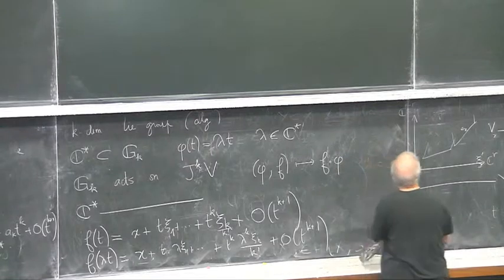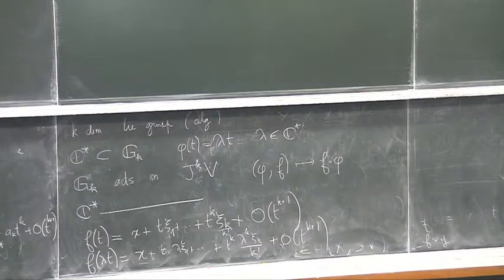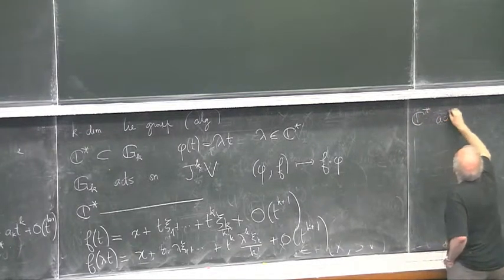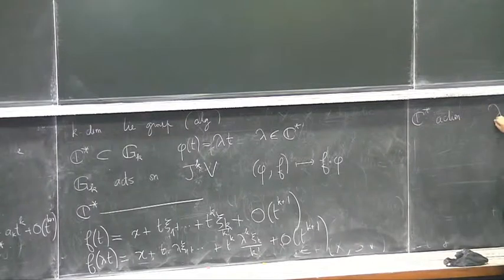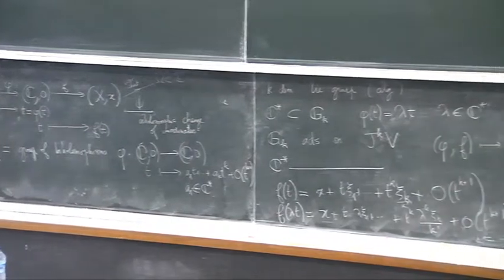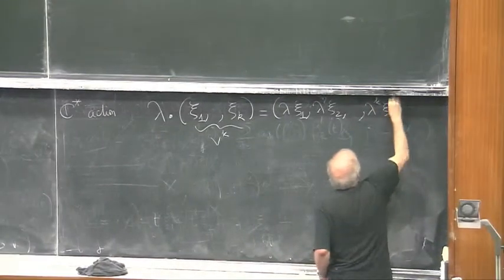So the C star action is just, in coordinates, the action of a lambda on an element which is trivialized locally by the connection as a k-tuple in Vk, which is just lambda xi1, lambda square xi2, up to lambda k ck.